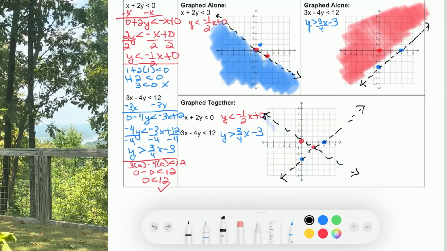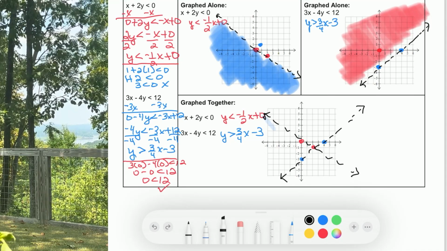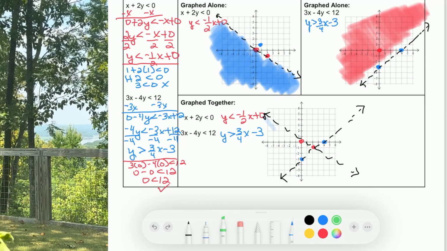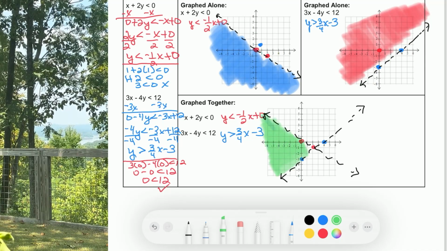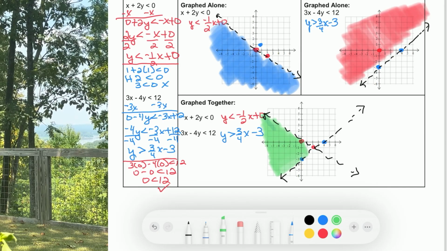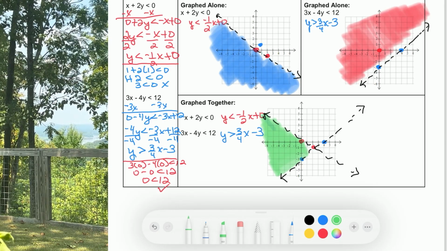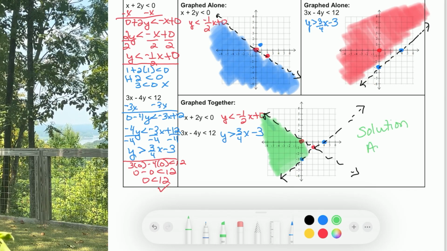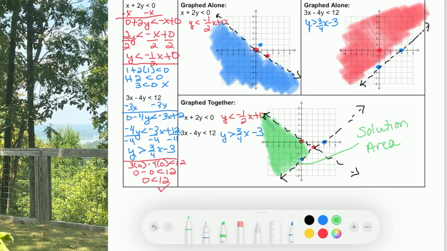So let's erase these and let's put, I'm going to put green there just because I don't have a purple. So this is our shared area of solutions. So solution area is right there.